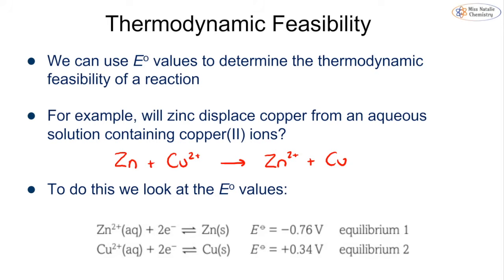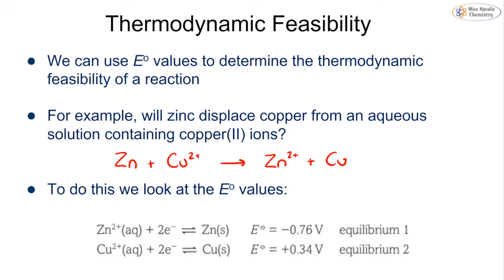Now we know that this is going to work. We already know that this is a feasible reaction because we previously looked at it as an electrochemical cell, and you can work this out using the reactivity series. But the reactivity series comes from these values. So what we're doing is we're explaining why this happens, and we're linking it to thermodynamics and feasibility.